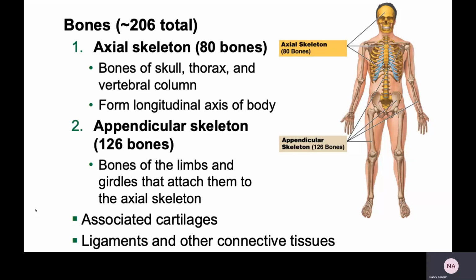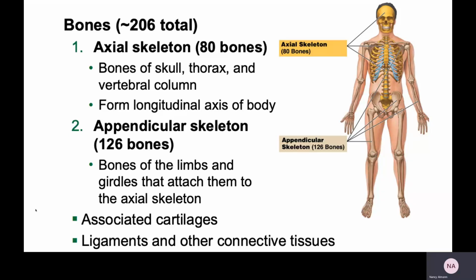So this is the list that you need to memorize: cranial and facial bones, the ribs, the sternum, the hyoid bone, which is a free-floating bone in your neck, the ear ossicles. You have 3 ear ossicles in each ear, so 2 pairs of 3, and the bones of the vertebral column. Every other bone is going to be part of the appendicular skeleton.